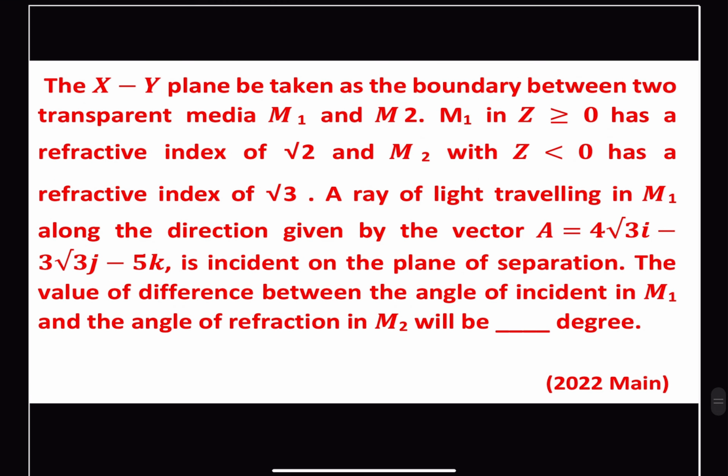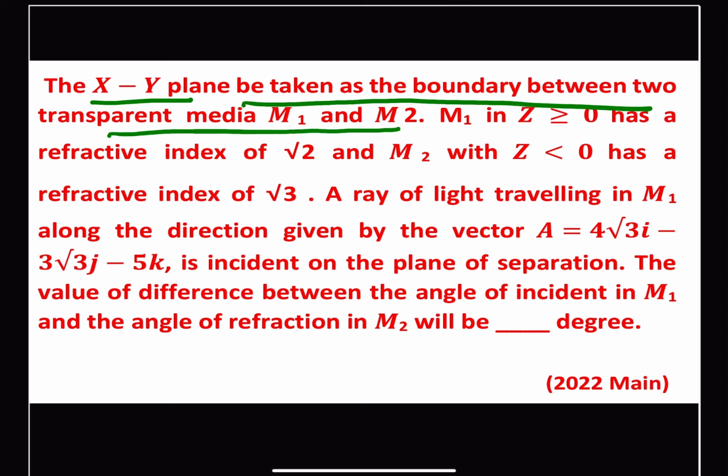And here it states that the xy plane is taken as the boundary between two transparent media M1 and M2. M1 is z greater than or equal to 0, has a refractive index of square root of 2. M2 is z less than 0, has a refractive index of square root of 3.